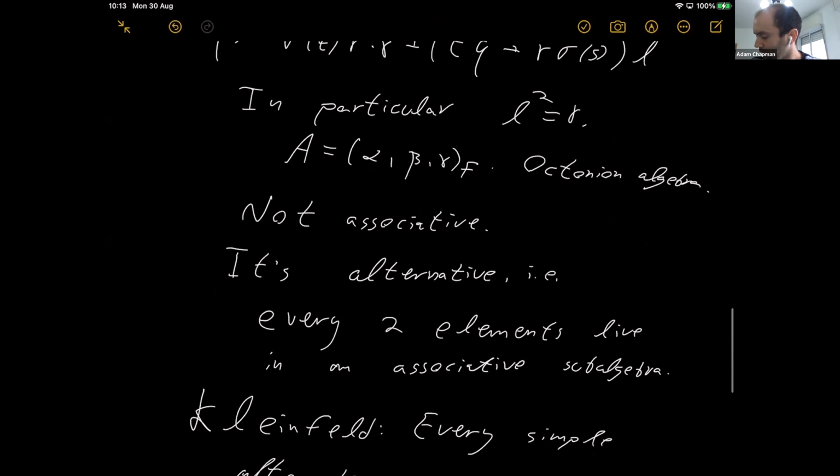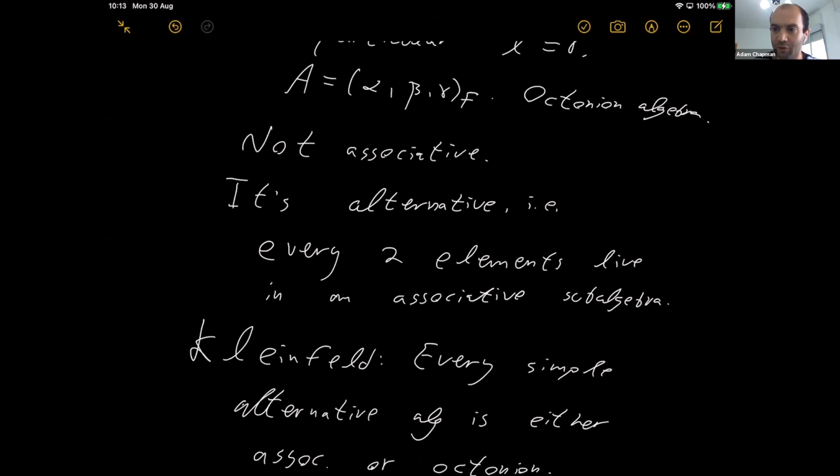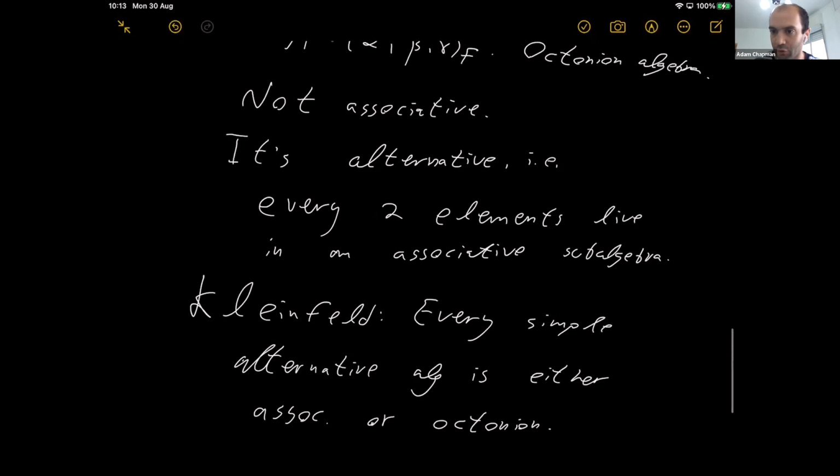So these Octonion algebras are special also in the world of alternative algebras because all simple alternative algebras are either associative, for which we already have a structure theory, or Octonions. Octonions are special in that sense.